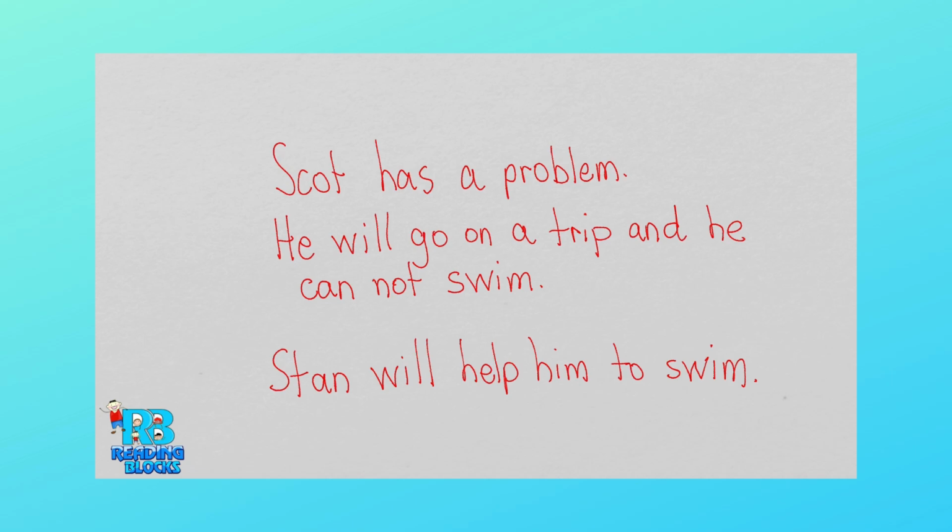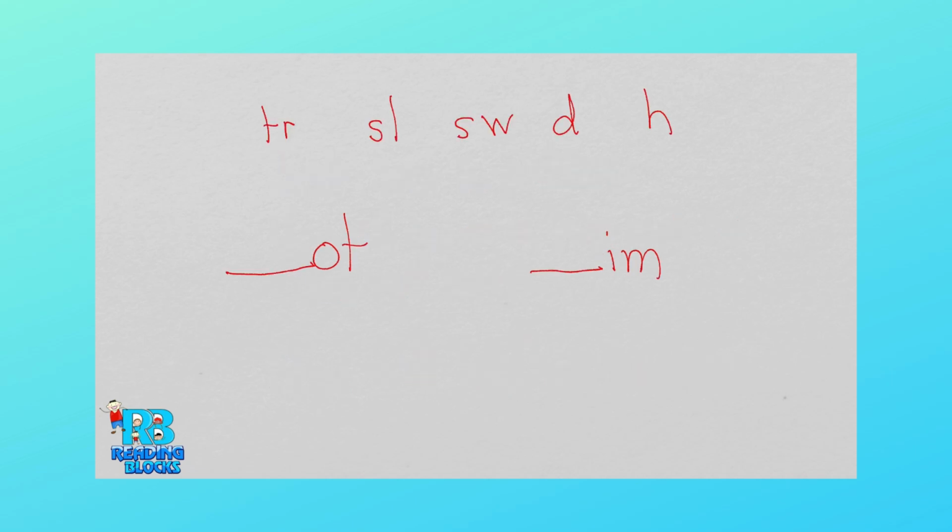And now after each story, we make a few words. And our word families are at, im. Let's make a few words now. So we'll take our tr. And we have at, trot. But what if we move it over here? Now what do we have? Im, trim.